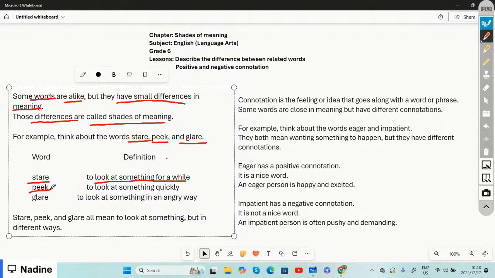And then if you look at the word peek, so staring is if you look at something for a while. Then we have peek, and peek is to look at something quickly. It's like you don't even want somebody to see that you are looking. You quickly look at something.